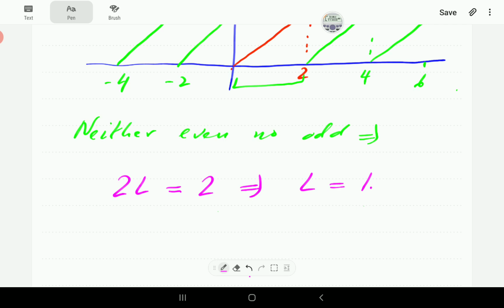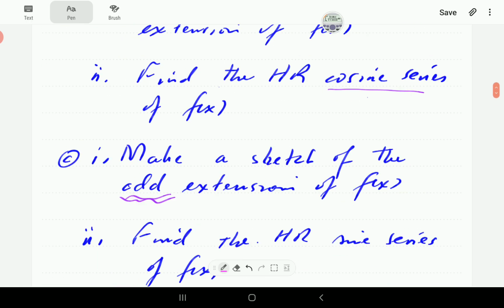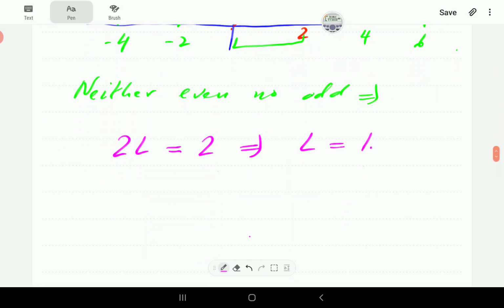Then we find the Fourier series. We're going to start with the a_n's, using the formula for the full range cosine. Start with a_0, which is 2 over L times the integral from 0 to 2L of f(x) dx. L is 1, so it's the integral from 0 to 2, which is the interval given, of x dx.